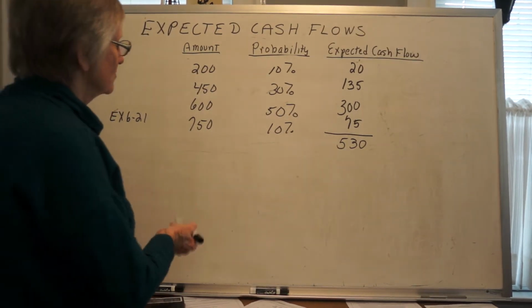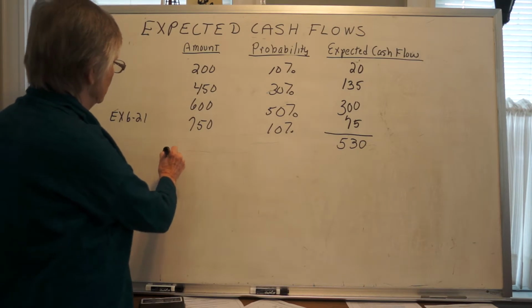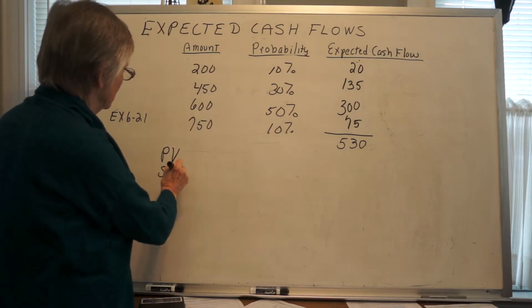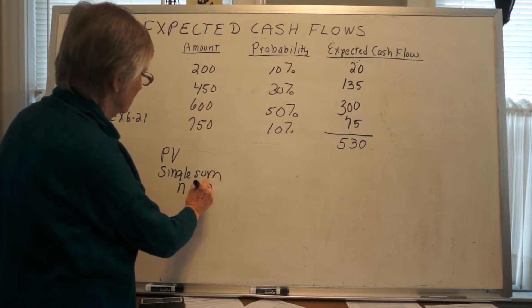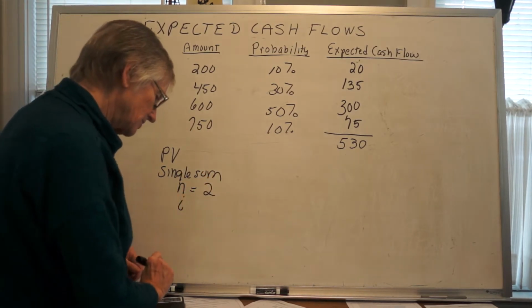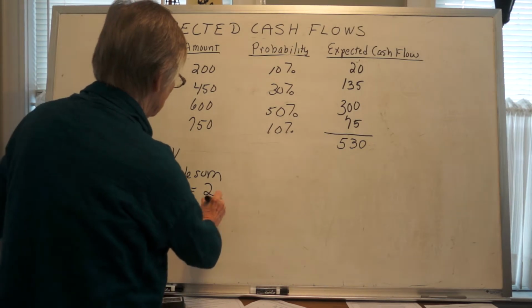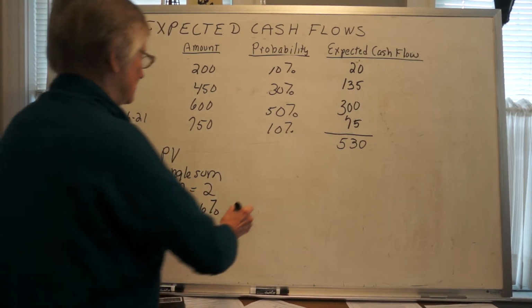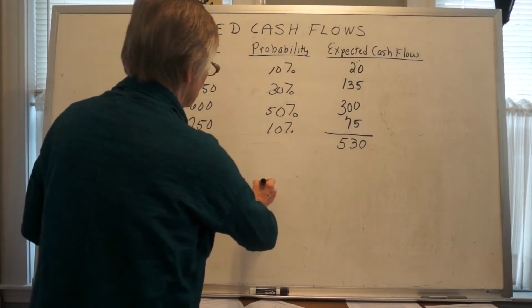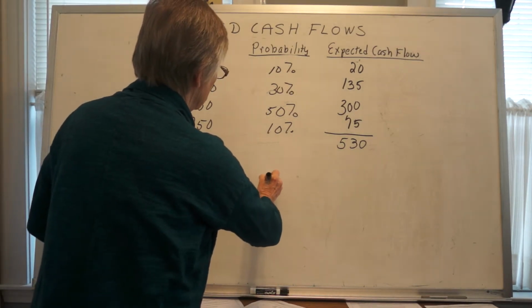So in this case, you would be looking for the present value of a single sum. That gets you to the first table. N equals 2. And I think they give you 6%. And so you'd get the factor, and the factor ends up being 0.89.